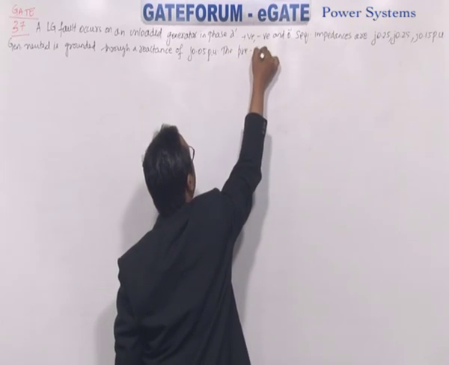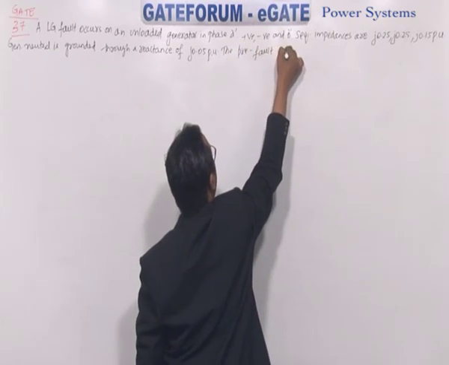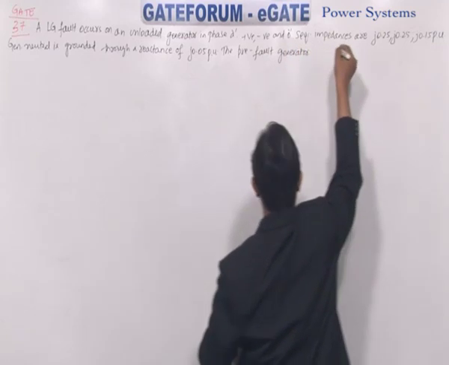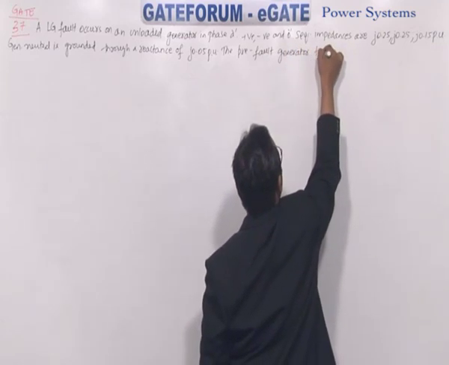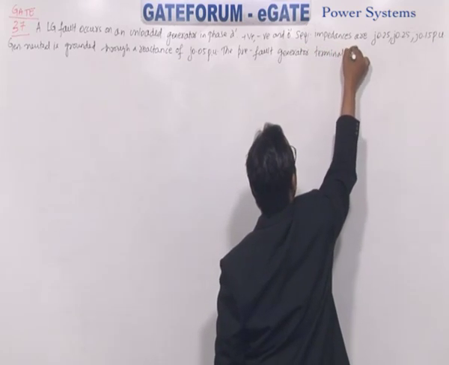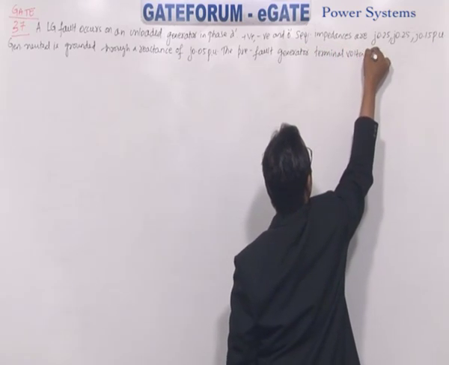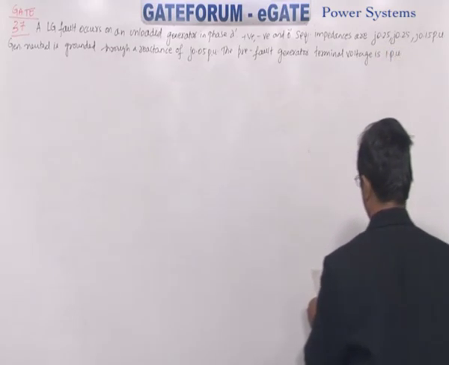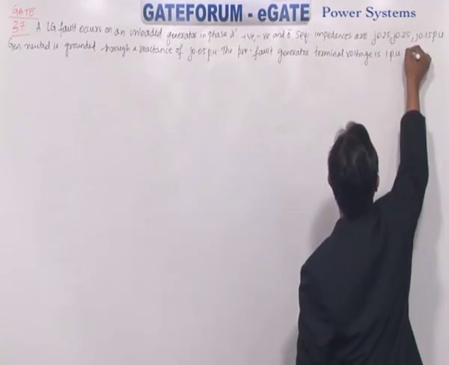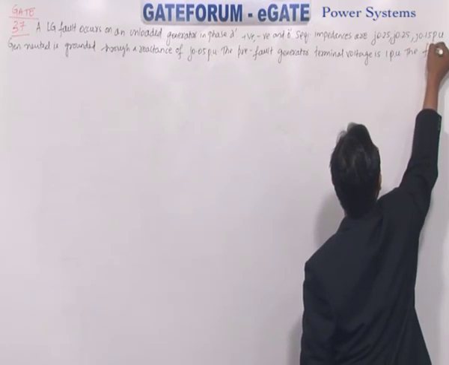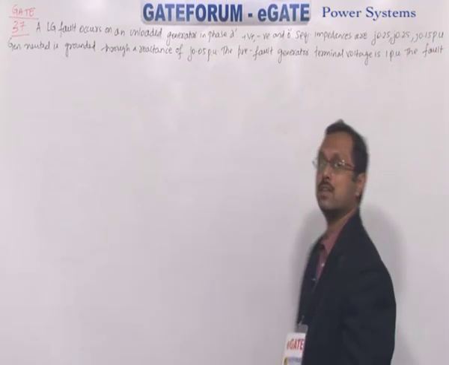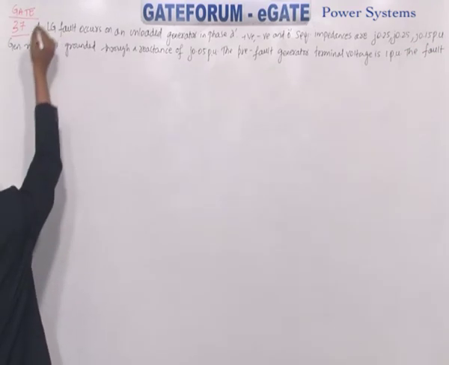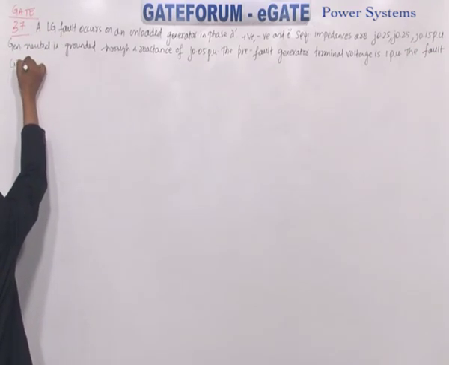Next it is mentioned the pre-fault generator terminal voltage is 1 per unit. Now we have to find out what the fault current is.